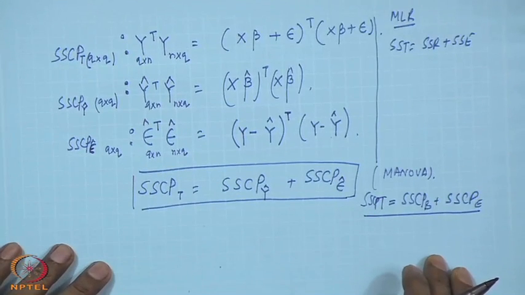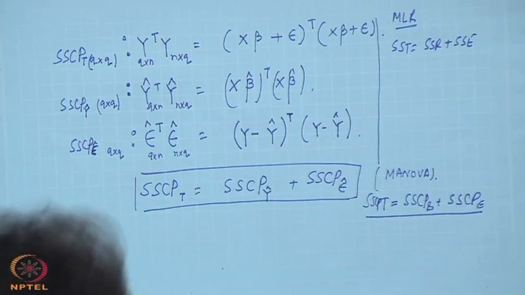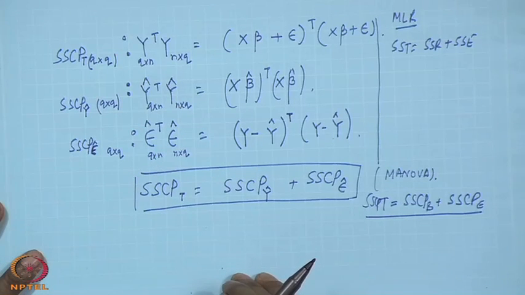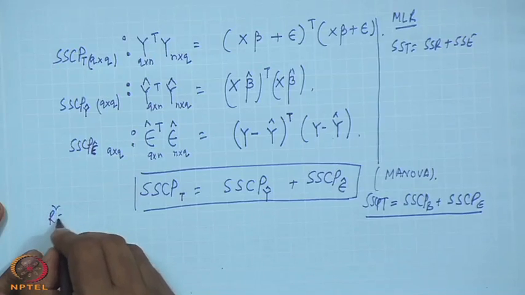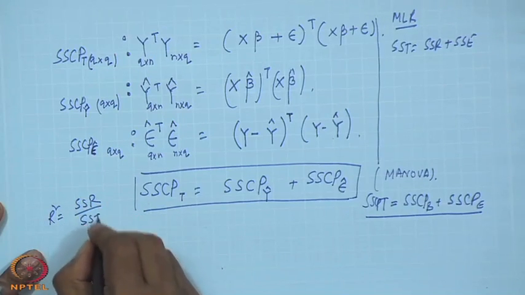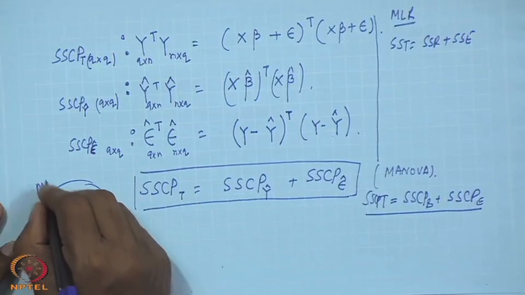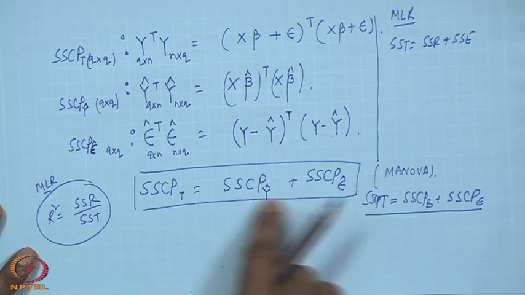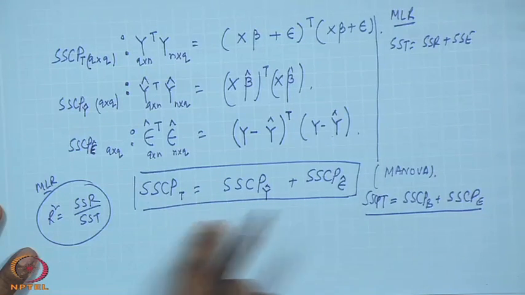Suppose I want to create R square. Can I create R square here in the same manner? R square is what? SSR by SST, that is from the MLR point of view. But you will not get it here because these are all in the matrix domain.